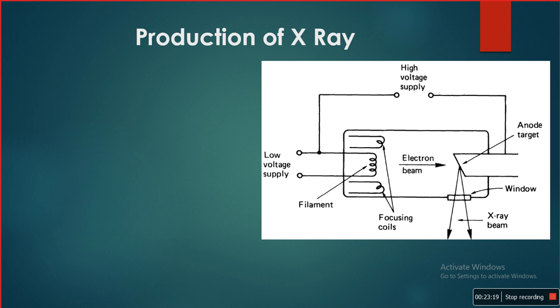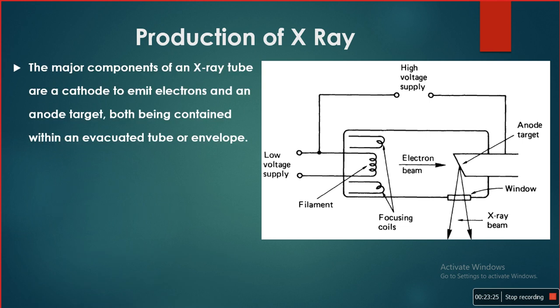If you consider the circuit diagram of the X-ray tube, the major components are the cathode, which emits the electrons, and the anode, which is considered as the target. These two components are placed inside the evacuated tube.